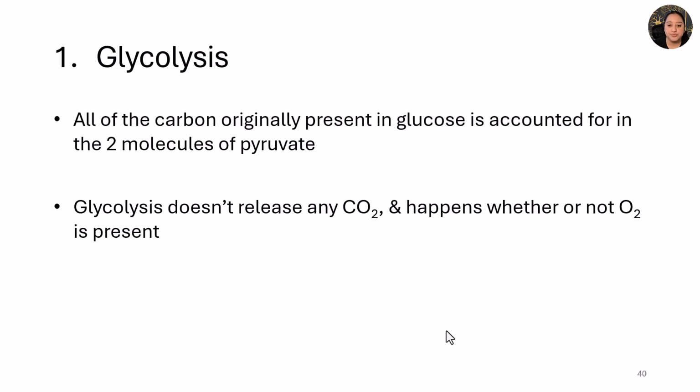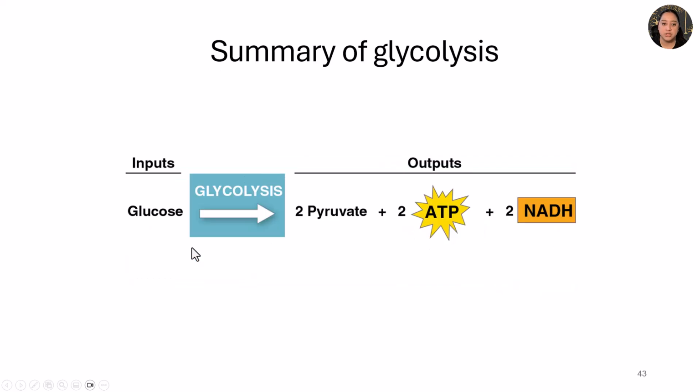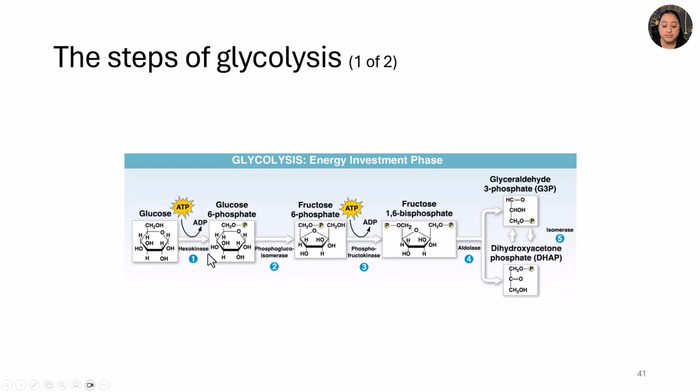So just to show you the details of how you get from glucose to pyruvate. There's a bunch of different steps, and each one of these steps is catalyzed by an enzyme.